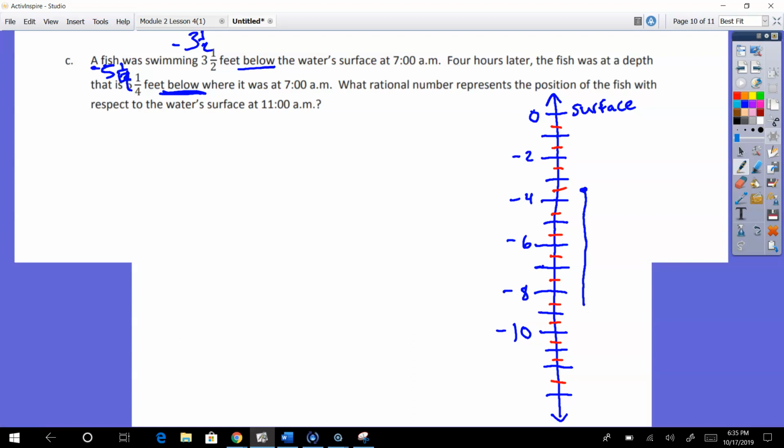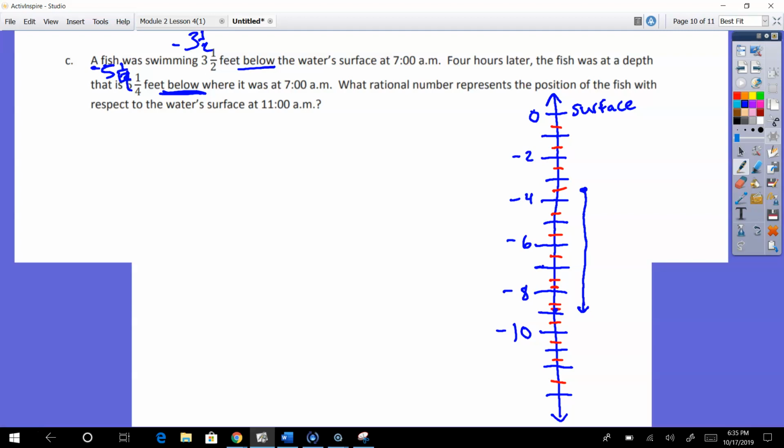And then we're going 1/4 more, so 1/4 more than that. This is half, so this is 3.5. Whoops. So this is 3 1/4. So that puts us right there, which is at a negative 8 3/4.